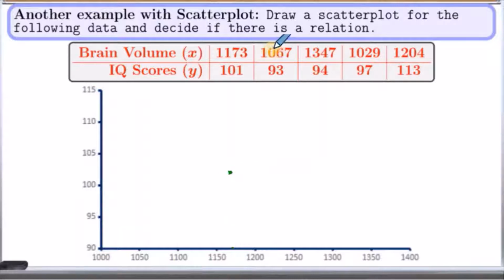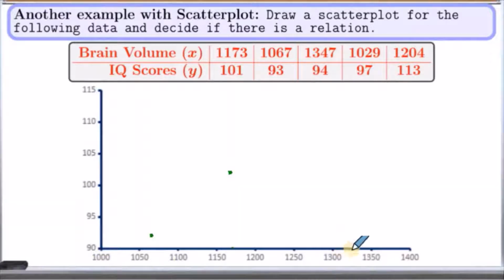And another point is 1067, 93. So 1067 is between 1050 and 1100. And its y value is 93. So let's say somewhere in here. So the other one is 1347 and 94.